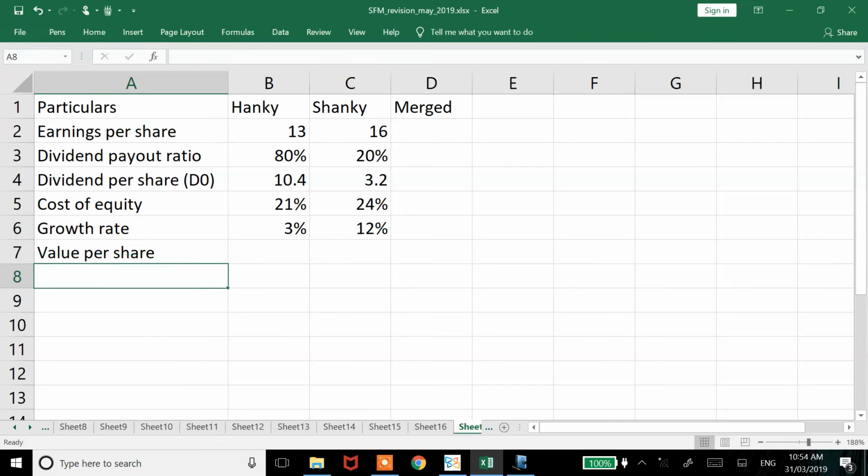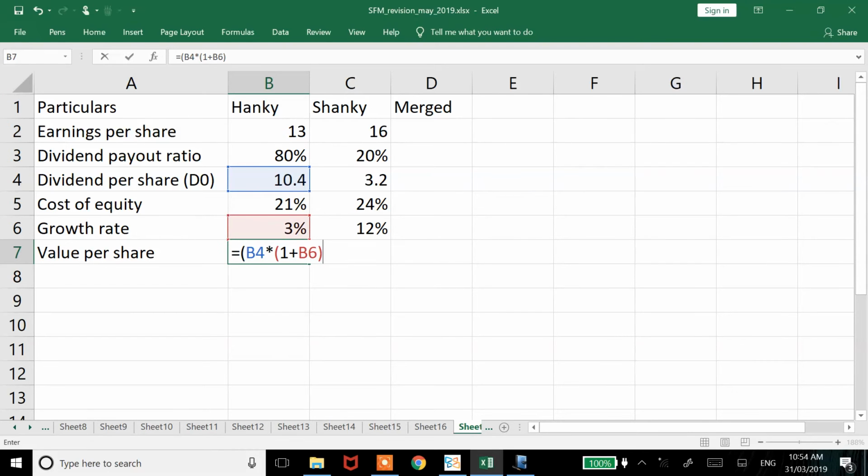Value per share. D1 is basically D0 into 1 plus growth rate.